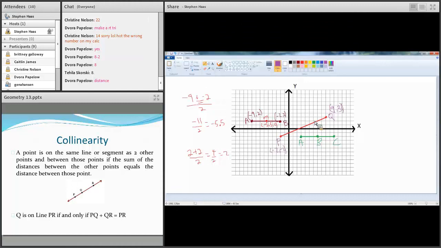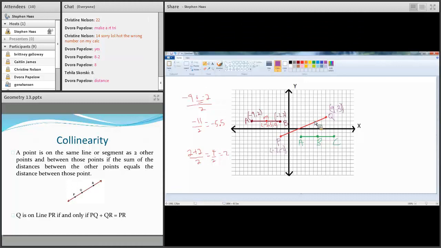To do it in a straight line, I think would illustrate the point. If you have, let's say, a point over here, a point over here, and a point over here, let's make a line segment that goes across.